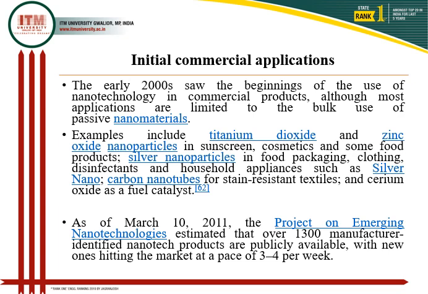We are using silver nanoparticles in food packaging, clothing, disinfectants, and household appliances, and carbon nanotubes for stain resistant textiles and cerium oxide as a fuel catalyst. As of March 2011, we estimated about 1,300 manufacturer-identified nanotech products are available in the market. So it is continuously developing, but we are still in the initial stage.